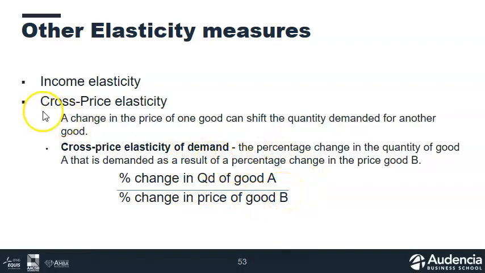That's what we call a cross-price elasticity. And income elasticity would be how much the quantity demanded changes if we change income. So if your income goes up by 10%, will the quantity demanded go up by 10%, less than 10%, or more than 10%?